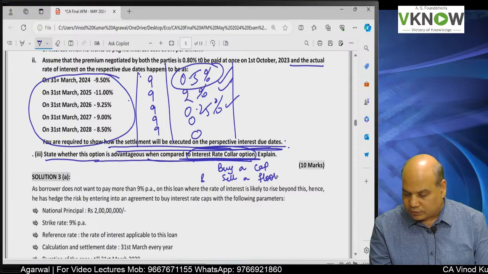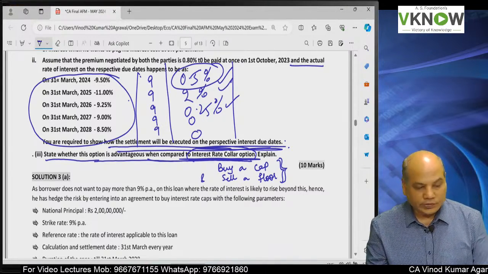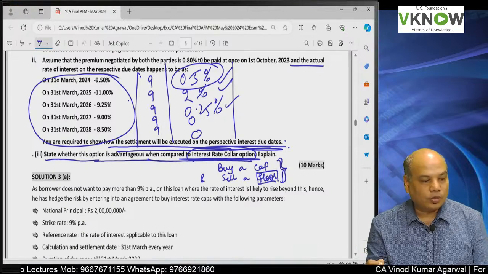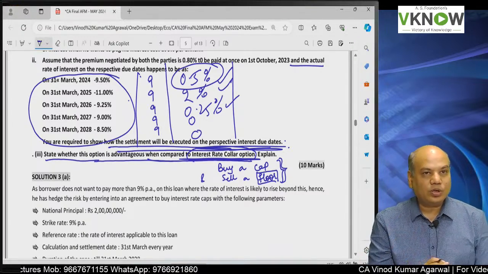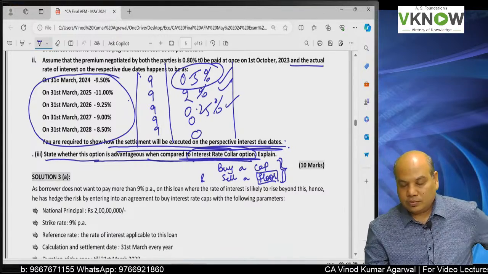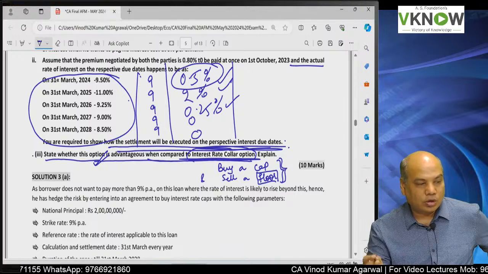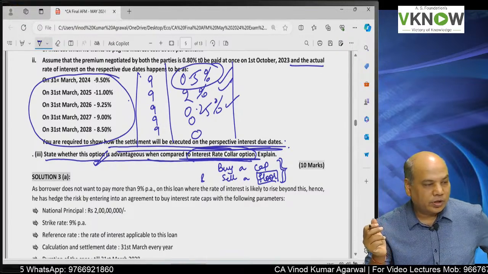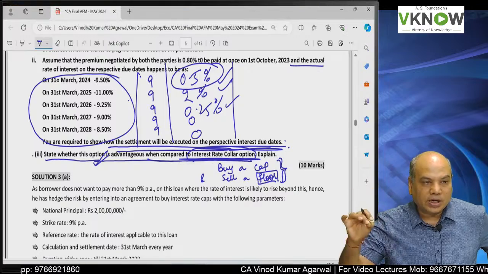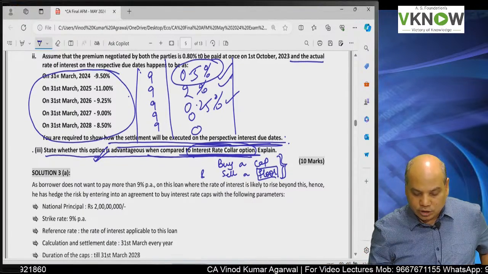The advantage of this is premium is reduced, but the disadvantage is if the market rate goes below floor rate, you will not be able to take advantage of that, and therefore interest rate cap has some advantage over collar, although it will be more costly, but you will be able to enjoy the benefit if the market rate of interest falls. So that small note we have to write.